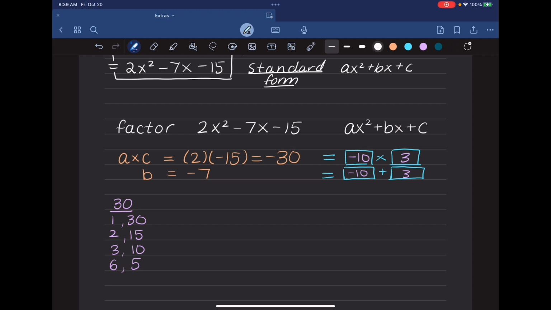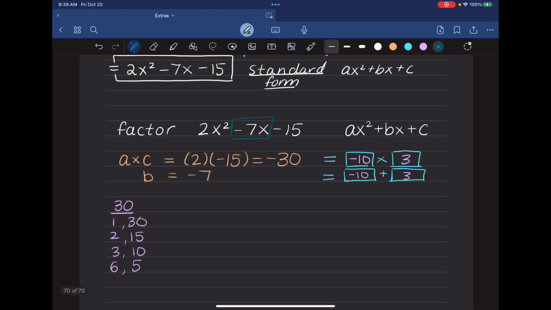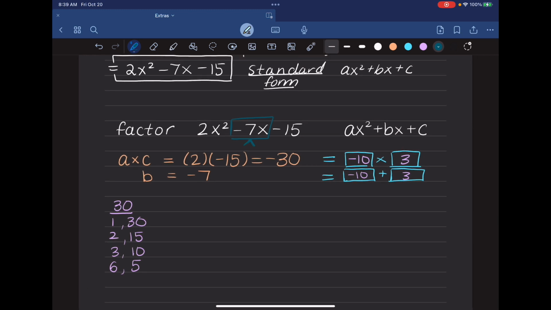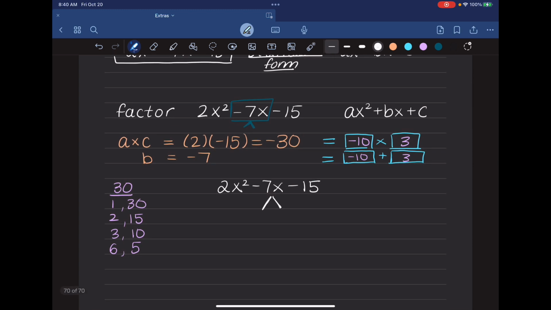So when I find these two numbers, it tells me how I'm going to break up this bx term. I'm basically going to split this bx term. So I started with 2x squared minus 7x minus 15. And I'm going to break this minus 7x up into 3x and a minus 10x.